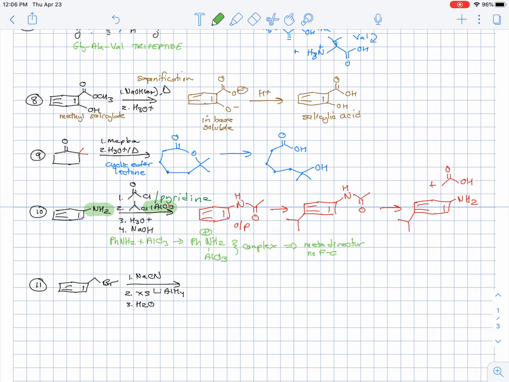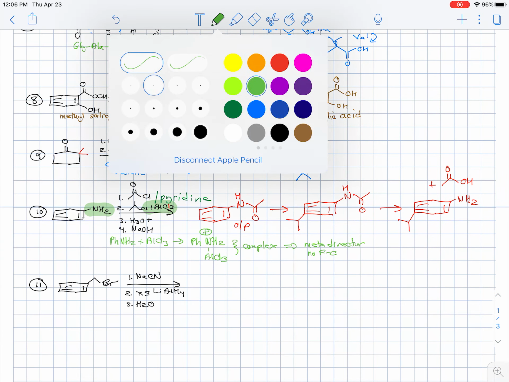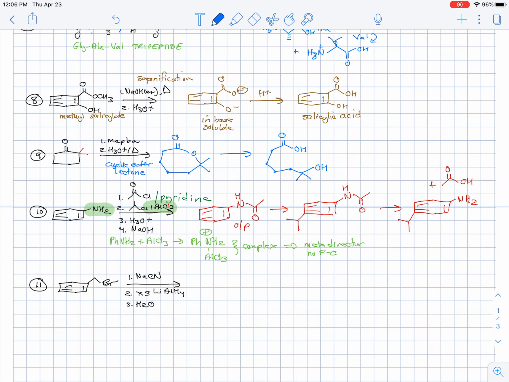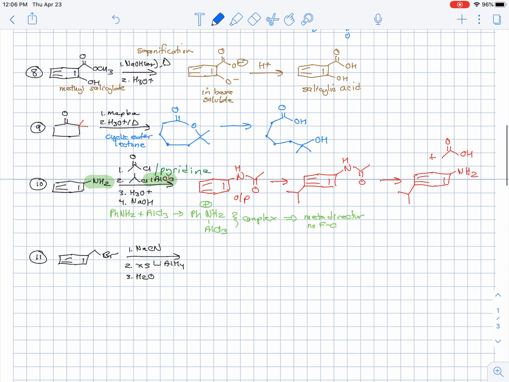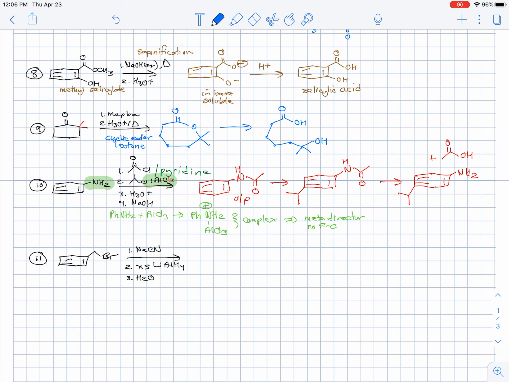All right, and finally, we have benzyl bromide, another one of those innocent substances that's kind of nasty. It's a really bad lacrimator. It makes you cry like onions, but worse.